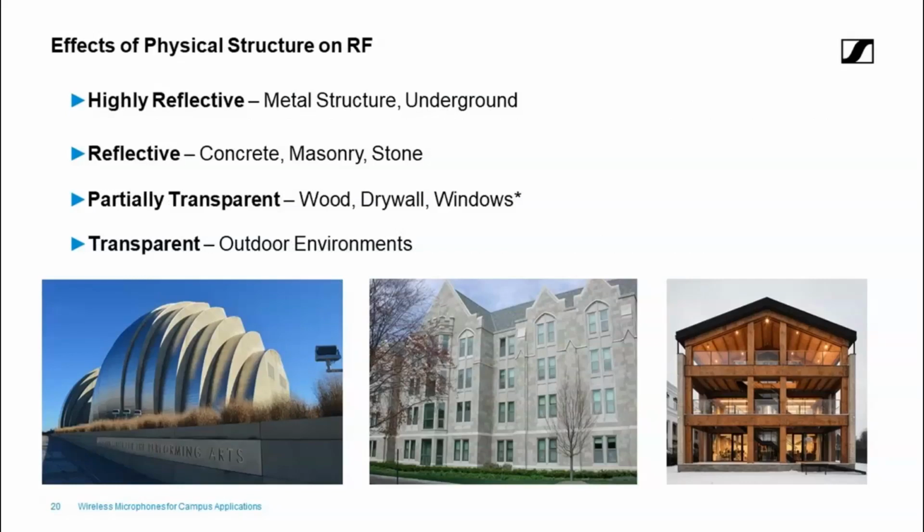And this can really help us a lot in attenuating outside interference or attenuating RF getting out of one room into another room. So it's always good to take a look and see what the building is made of, or do some tests to see how much reflection there is and how much a signal within a room or outside of a room can travel through these walls or these different types of structures.